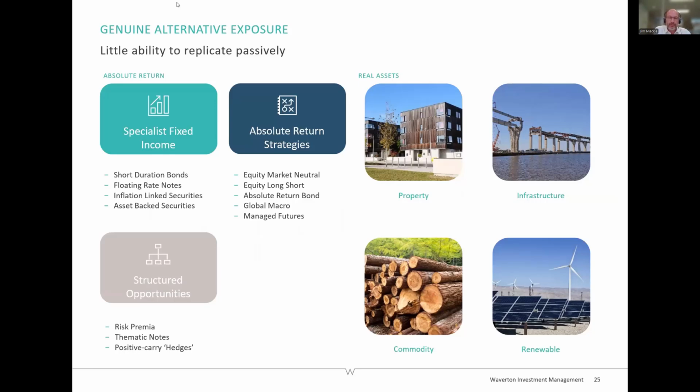But we believe that there are significant opportunities. We're starting to see private equity firms coming into the area, looking at opportunities, and we're seeing takeovers happening. And we're starting to see, as interest rates start coming down, investors are going to start looking for alternative places to get the yield. And a lot of assets in the alternative area, across property and infrastructure in particular, do provide significant income returns.